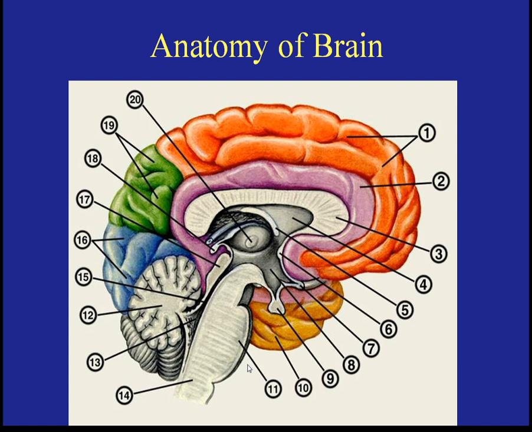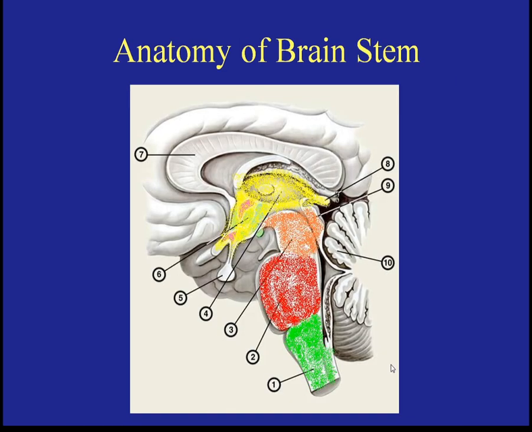This is pons varolii and medulla oblongata, and posteriorly the cerebellum. I show on this picture main parts of brainstem, subcortical area, diencephalon, then mesencephalon midbrain, then pons and medulla.